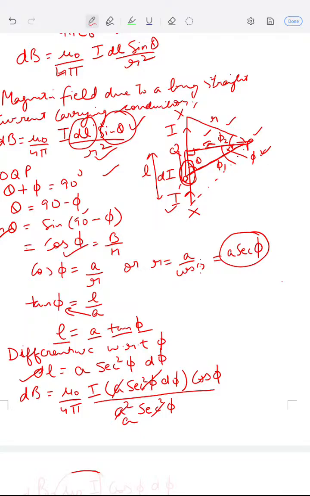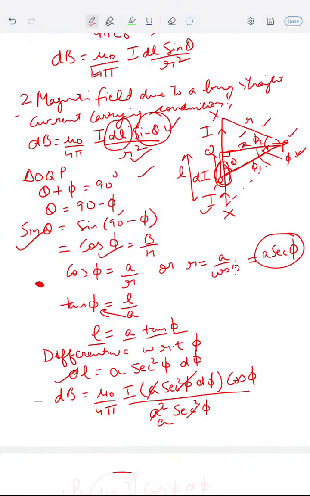We have joined P to X and Y, the distance from point P to Q is a, and from point P to Y is r, and φ1 and φ2 are the two angles where the magnetic field is produced along X and Y. So we have chosen the Biot-Savart law. B is equal to μ0 upon 4π I dl sin θ upon r square.